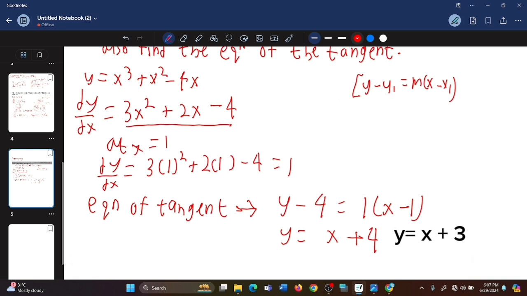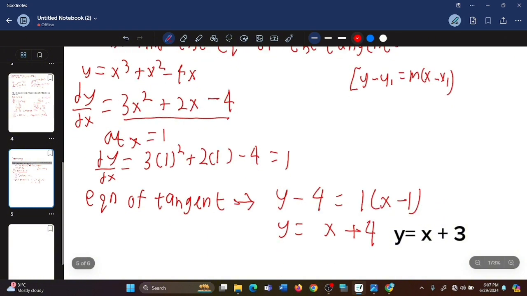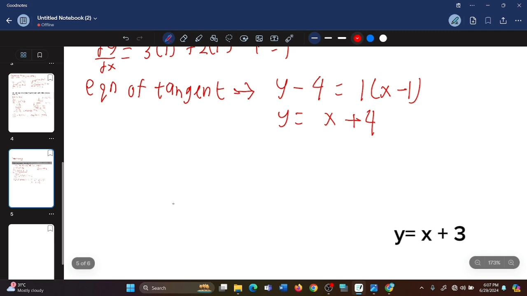Now previously we were told to find the equation of the normal. We all know that the tangent and the normal are perpendicular to each other. Thus, we can find the gradient of the normal by using the formula: gradient of normal multiplied by gradient of tangent equals minus 1.